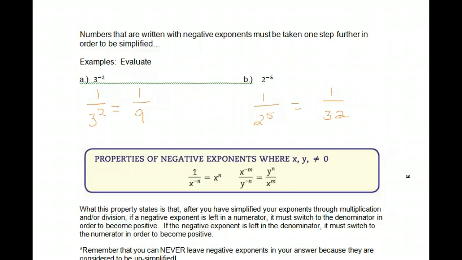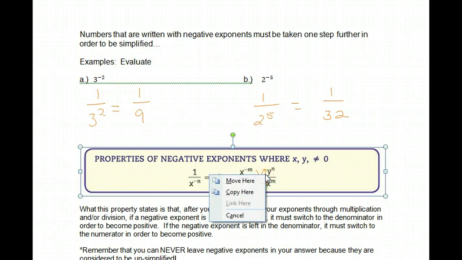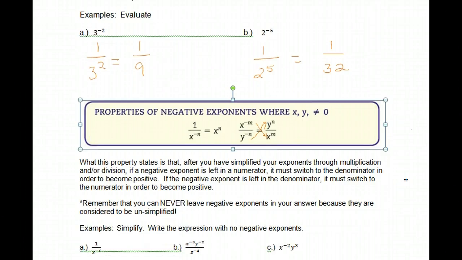It's going to switch to your numerator. So when you have a negative exponent in the numerator, it goes to the denominator. A negative exponent in the denominator goes to the numerator, and then it becomes positive once it makes that switch.